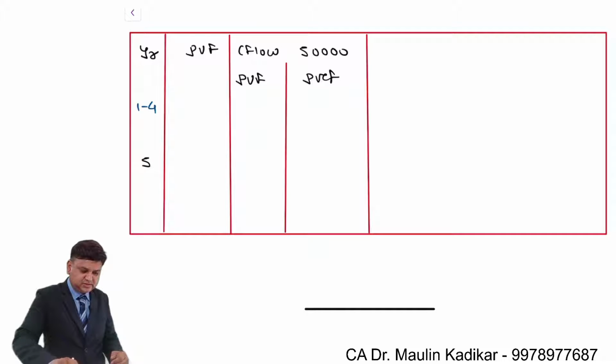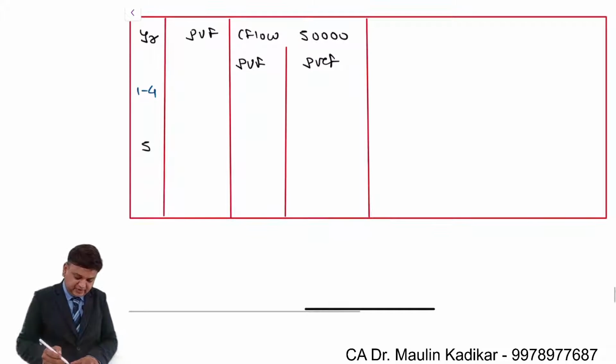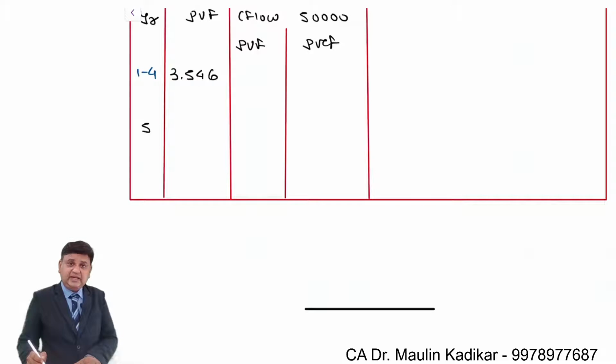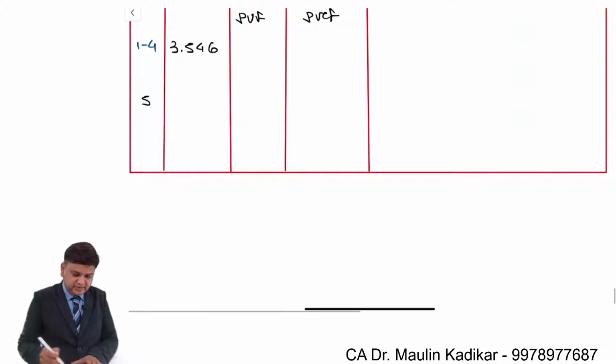First year factor is 0.952, plus second year factor is 0.907, third year factor is 0.864, fourth year factor is 0.823, that is 3.546. Last year factor is 0.784.